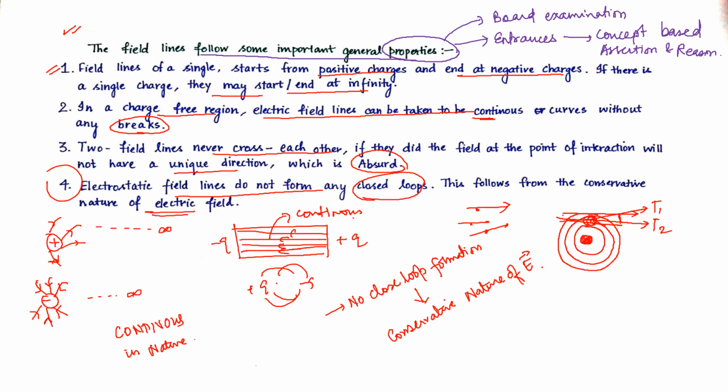In a charge-free region, these electric field lines are continuous curves and there are no breaks in these field lines, and the field lines never cross each other. That kind of condition is not possible. Each and every field line has a unique direction, and electrostatic field lines do not form any sort of closed loop and hence follow the conservative nature of electric fields.